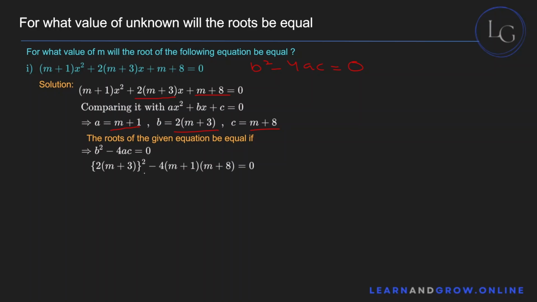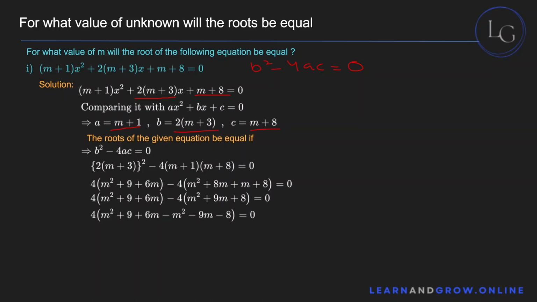So, we'll calculate b square minus 4ac, and after doing calculations, basically you'll get this over here. Minus 3m plus 1 is equal to 0.